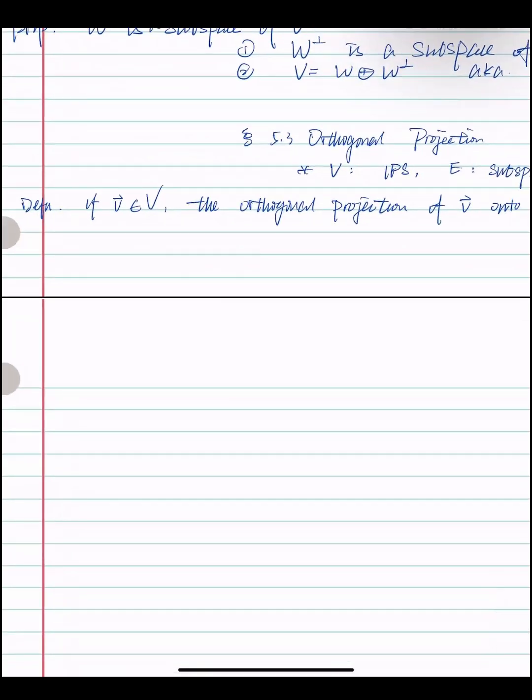The first one is W belongs to E. The second one is V minus W is orthogonal to the subspace.